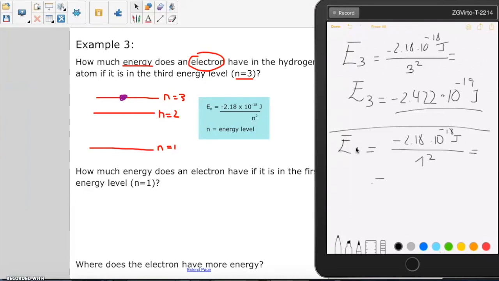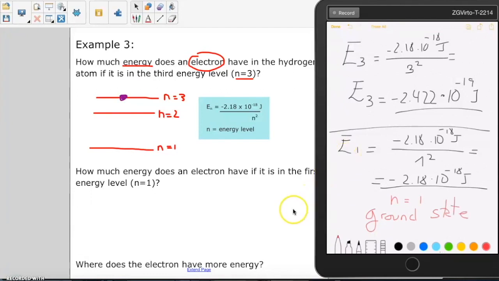And the answer, of course, is going to be minus 2.18 times 10 to the minus 18 joules. And this is the energy that the electron has when it is in N equals 1, which is the ground state.